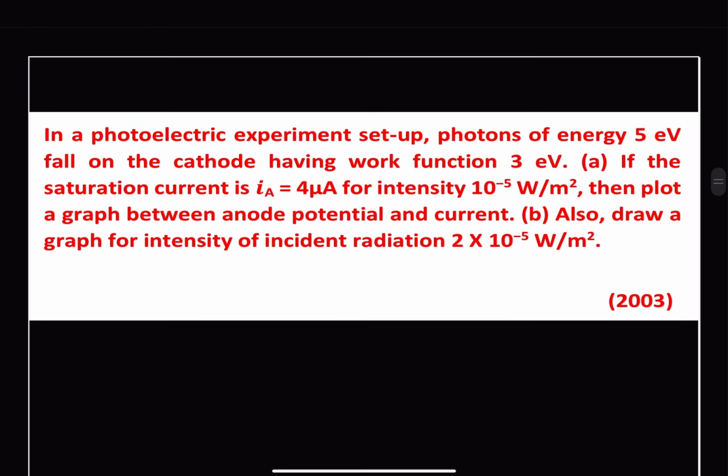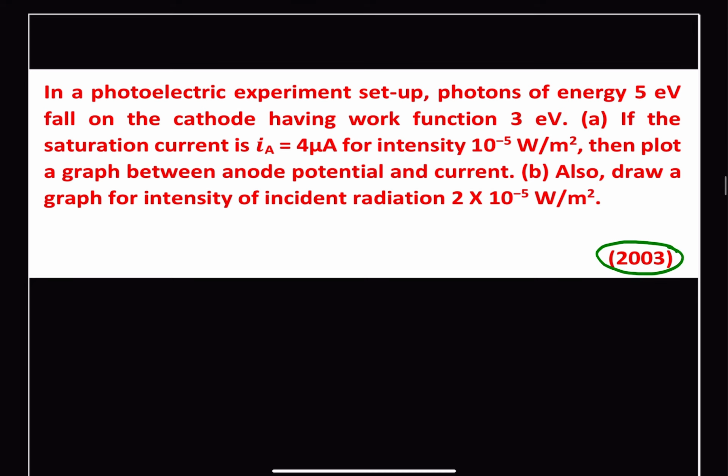It was asked in the year 2003, and it states that in a photoelectric experiment setup, photons of energy 5 electron volt fall on a cathode having work function 3 electron volt.